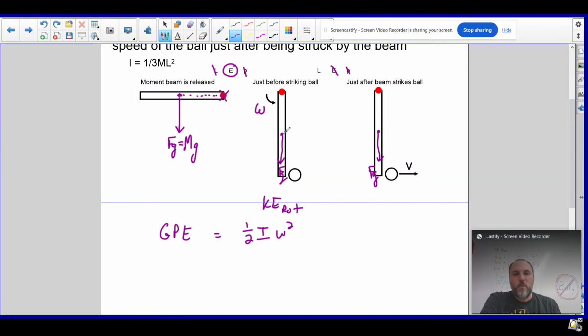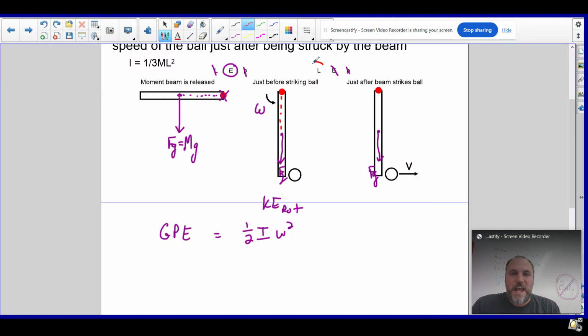In the second picture, the force of gravity is straight down and the distance to the pivot is also straight down, so no part of the force is perpendicular to that R. As long as the beam is vertical, there's no external torque. The force of gravity is not causing a torque because it doesn't have a perpendicular lever arm.